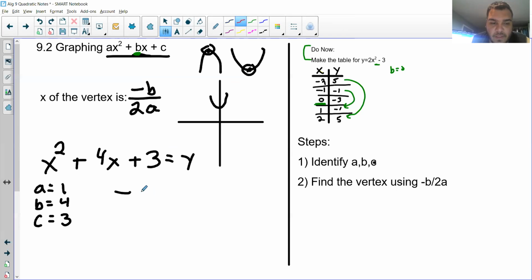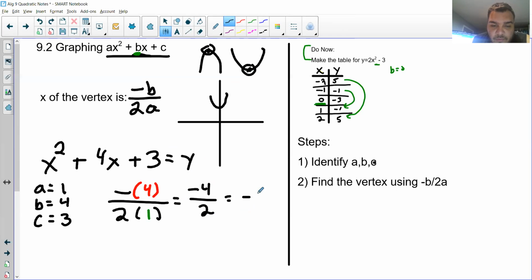Negative my b value, which is 4, over 2 times my a value, which is 1. Negative 4 over 2. Negative 2 is my x.